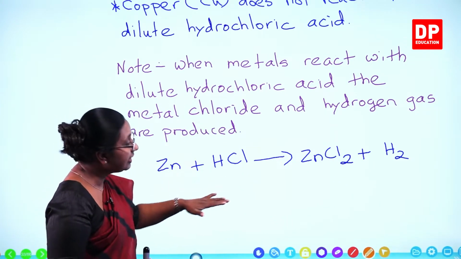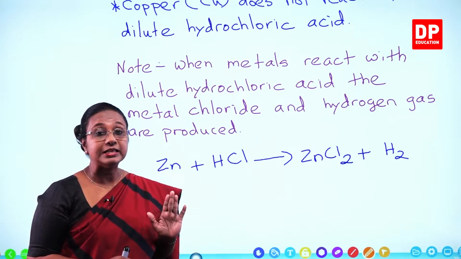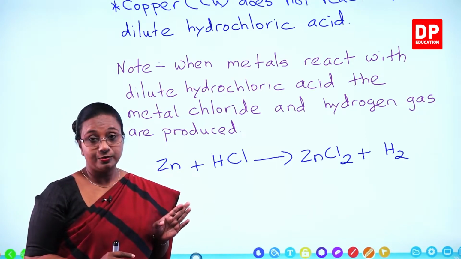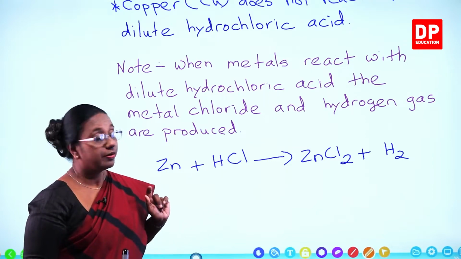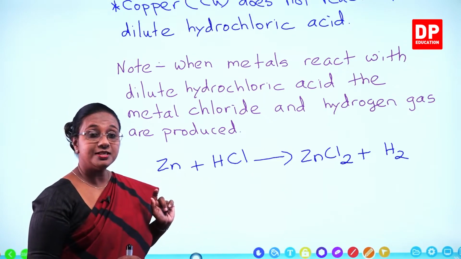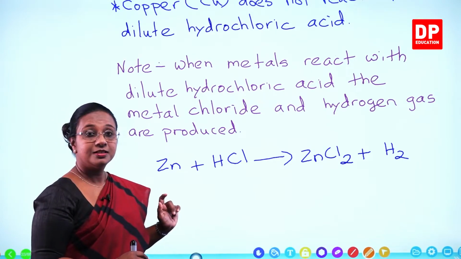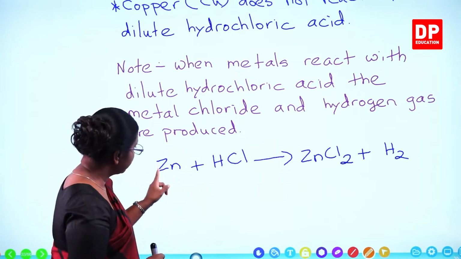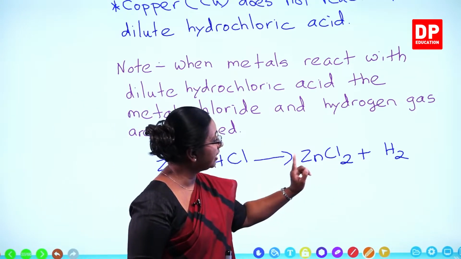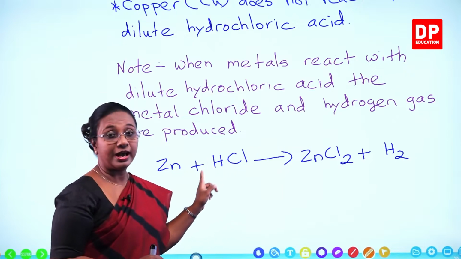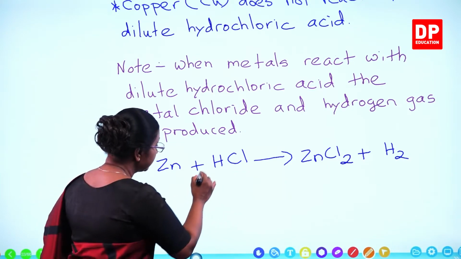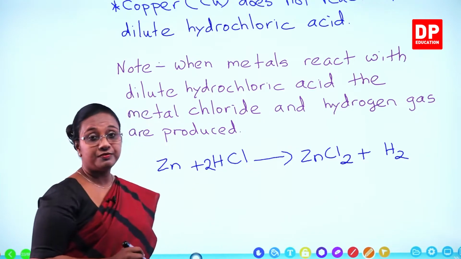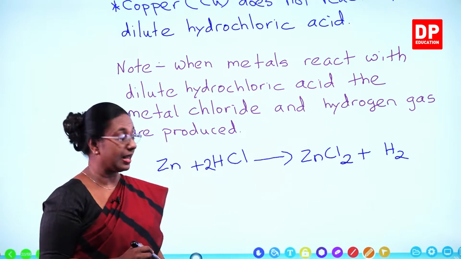So for all these, you will need to write the balanced chemical equation. What type of reaction is this? Is this balanced? You need to check. Now zinc, we have zinc chloride and H2. So we need to have 2 hydrogens and 2 chlorines. So we need to put a coefficient 2 in front of HCl.